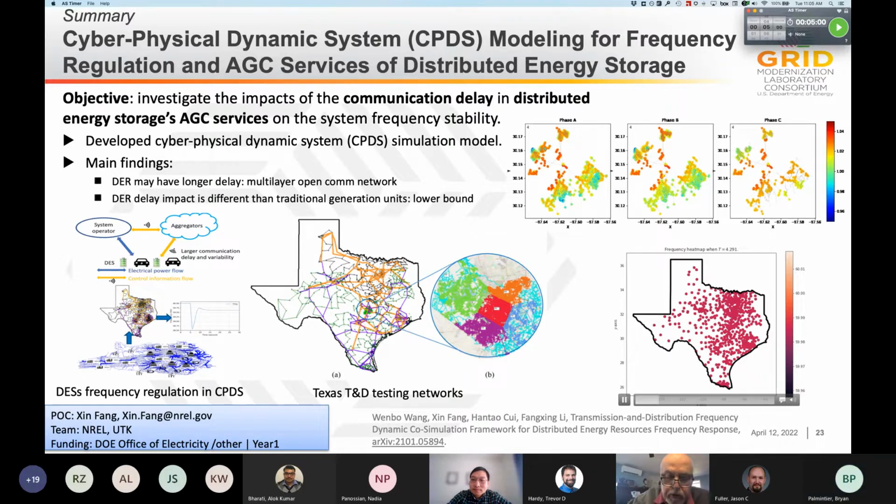I applaud your deferring to other people if they raise their hand, because I talk too much. But I love this project. My view is that the grid of the future is not going to be managed through an optimization problem. It's going to be managed through a hierarchical control theoretic approach, because you never have synchronous data.